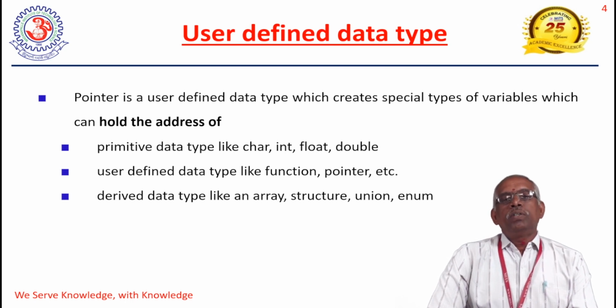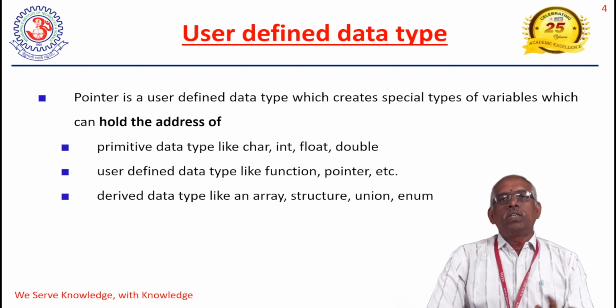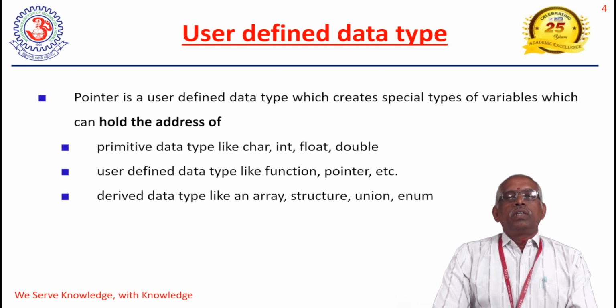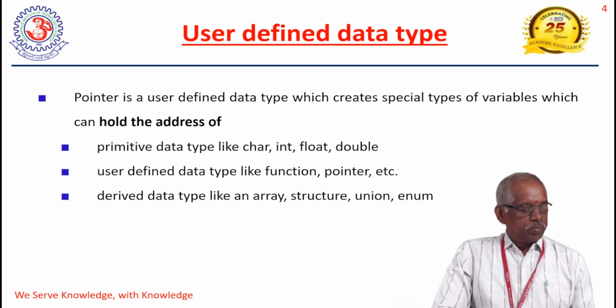So we can create a pointer for a function. That is also a pointer, called a function pointer. This is a special case in the pointer level in the C programming language. Followed by the derived data types, what we have: array, structure, union, enumeration. For these also we can apply pointers. So we can call the pointer one kind of user-defined data type, like array and other things.